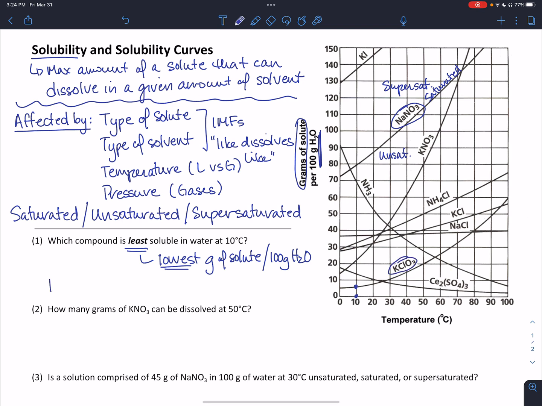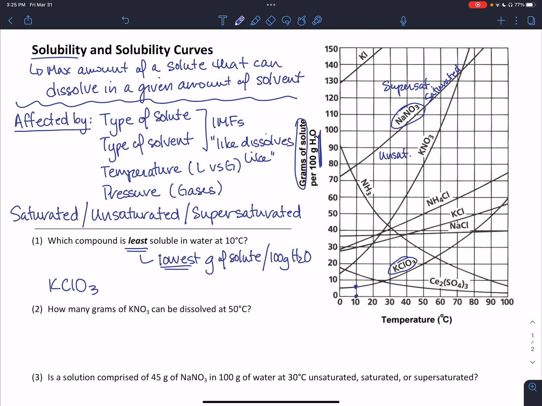In this particular instance, at 10 degrees Celsius, KClO3 is going to be the least soluble. You can get maybe 5 grams of KClO3 within 100 grams of water at 10 degrees. All the other compounds have values that are higher than that, which means they are more soluble at that temperature.